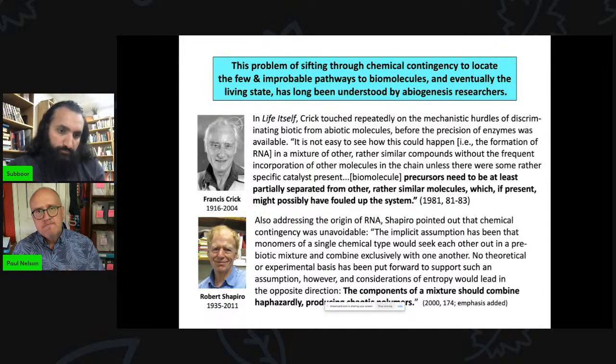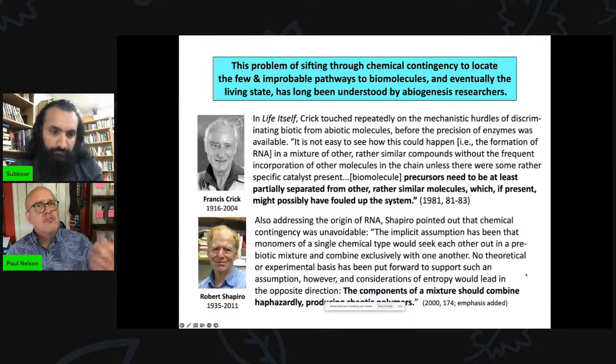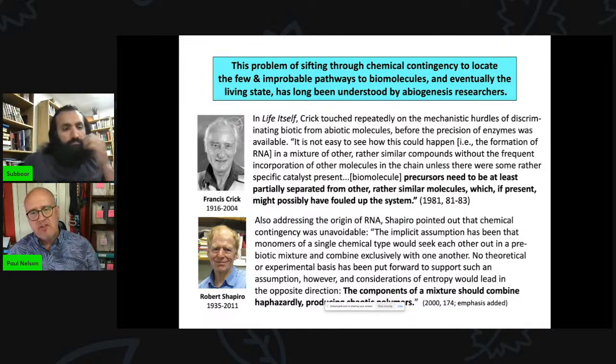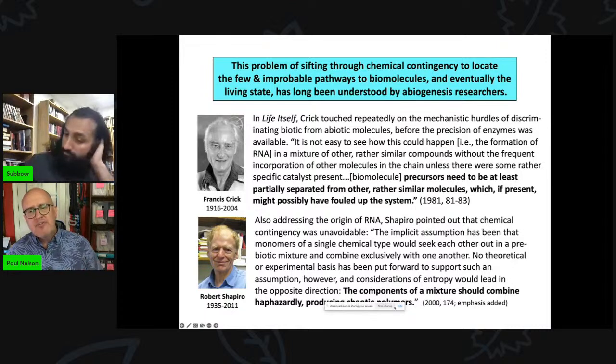Robert Shapiro, another origin of life researcher who was, I guess, well known as a skeptic of many of the dominant hypotheses in the field, he says, when you have chemicals that are just doing what chemistry does, I keep using that phrase, but what I mean to convey is it's an undirected process. You get haphazard mixtures and chaotic polymers.